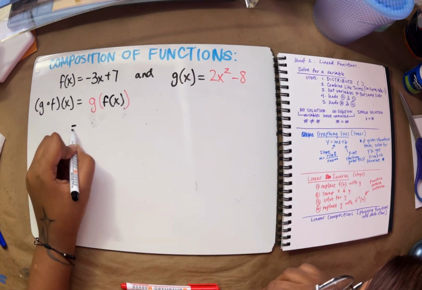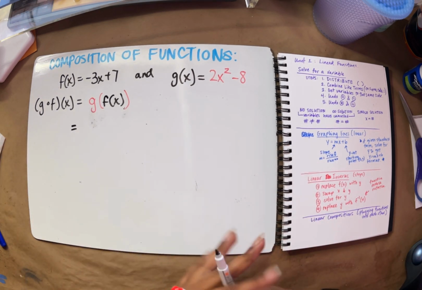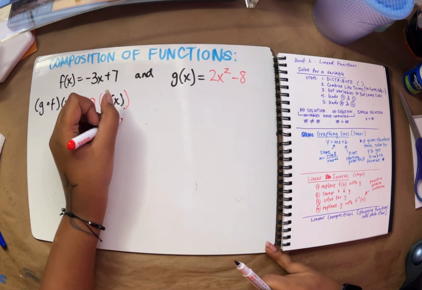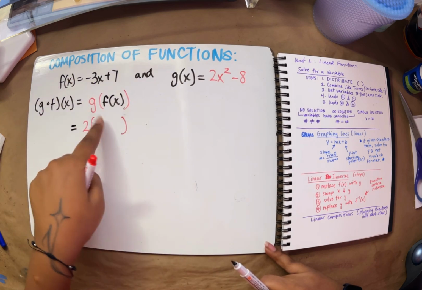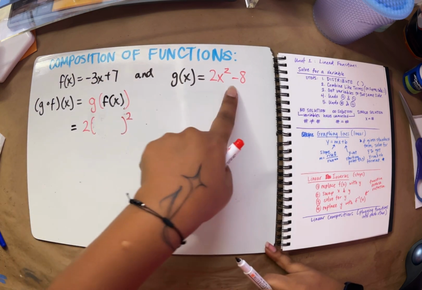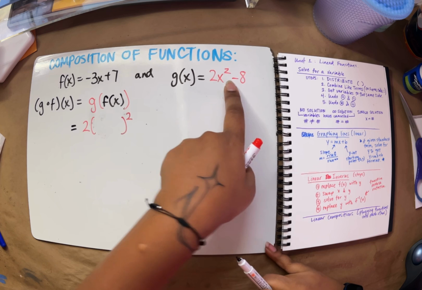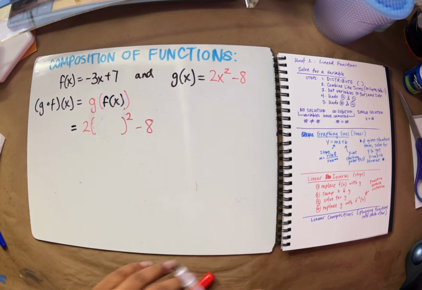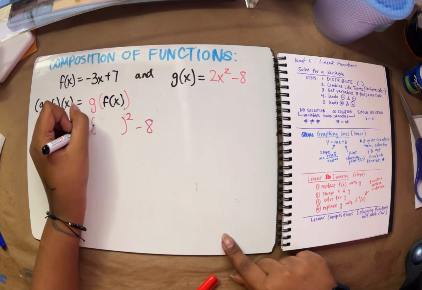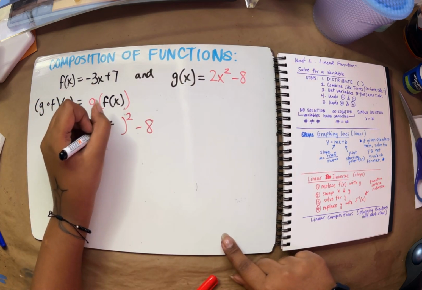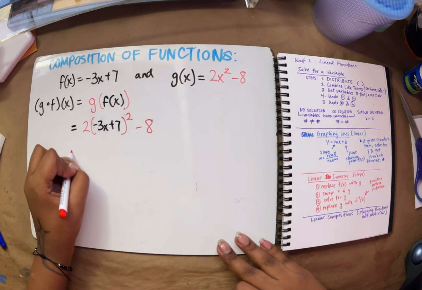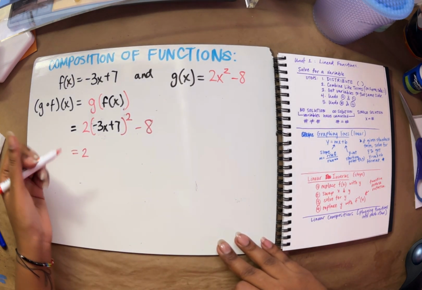So I have this equal to my g of x, so I have 2 times x, something is going to go inside there, my f of x is going to go inside there, squared, can't lose that squared, please don't lose my squared, minus 8. And then inside goes my f of x function, I have negative 3x plus 7. Now, we must have 2 still outside.